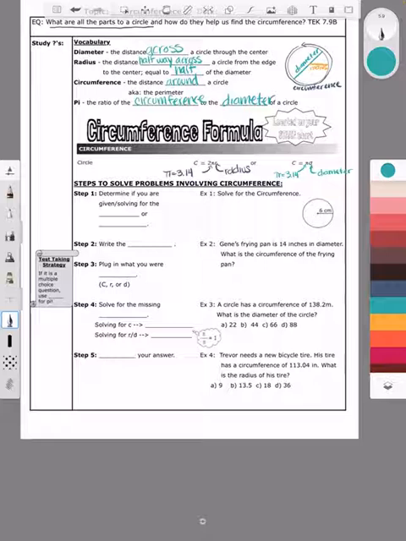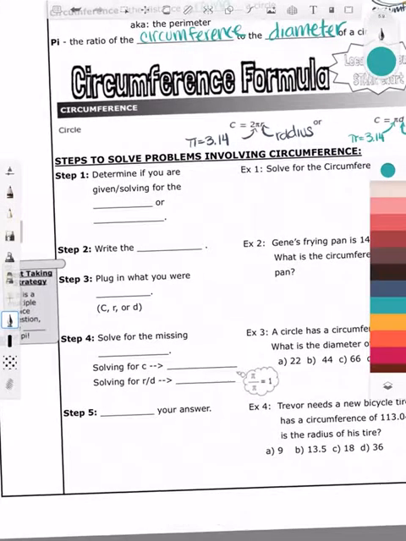Now we're going to talk about the steps to solve problems involving circumference. Step one is, you're going to determine if you are given or solving for the radius or the diameter.